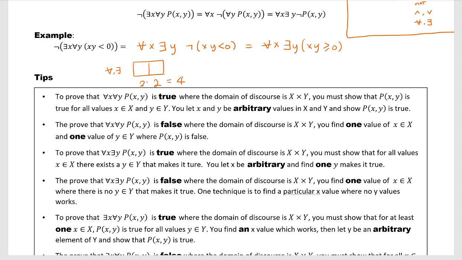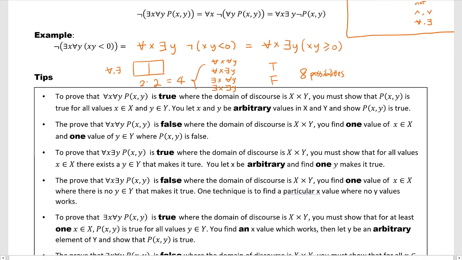That's why we have 4 possibilities: for all x, for all y; for all x, there exists y; there exists x, for all y; and there exists x, there exists y. For each possibility, determining whether it's true or false gives us 8 possibilities.